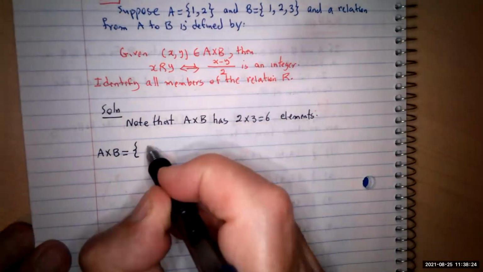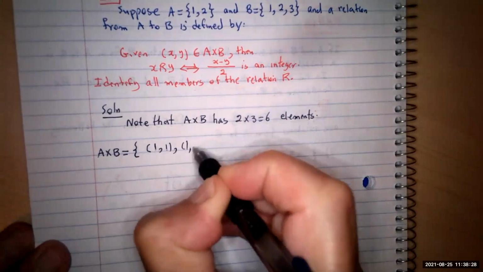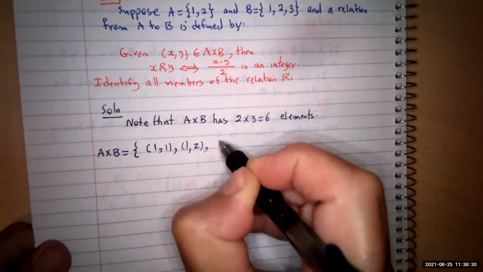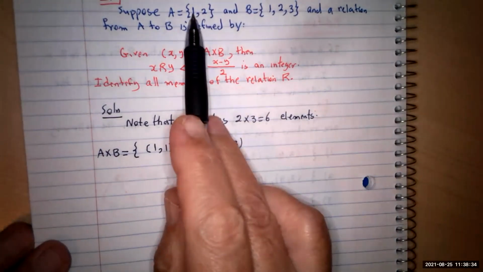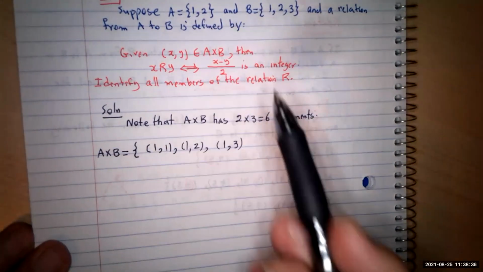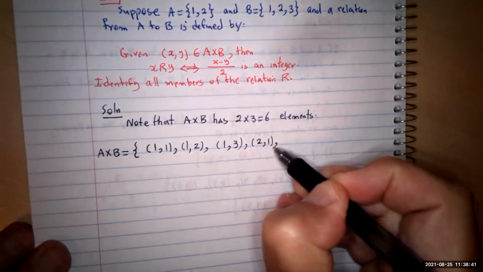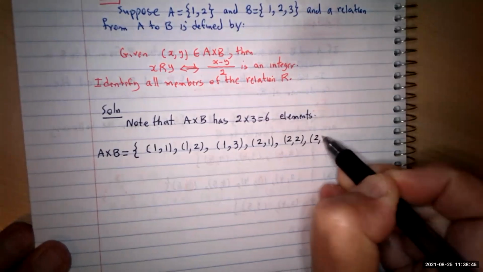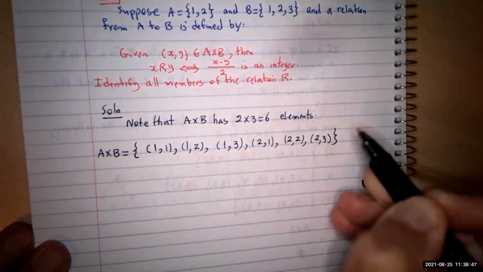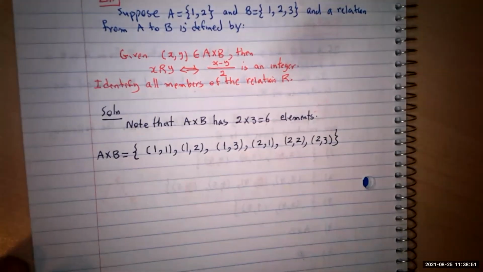So these are our pairs. That's it, and you have 1, 2, 3, 4, 5, 6. Any question?